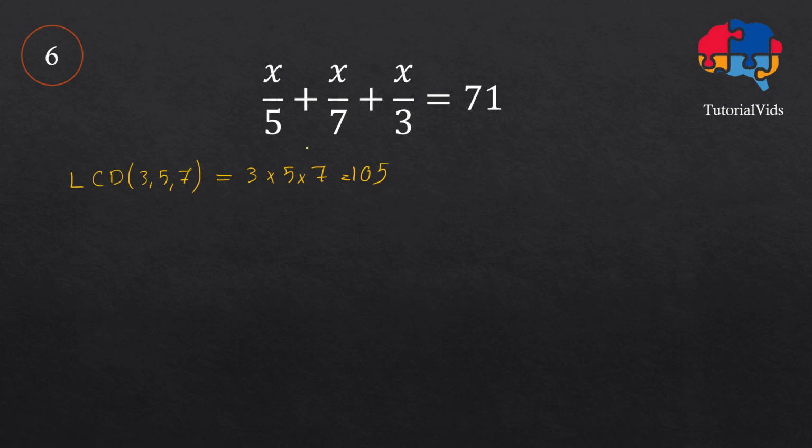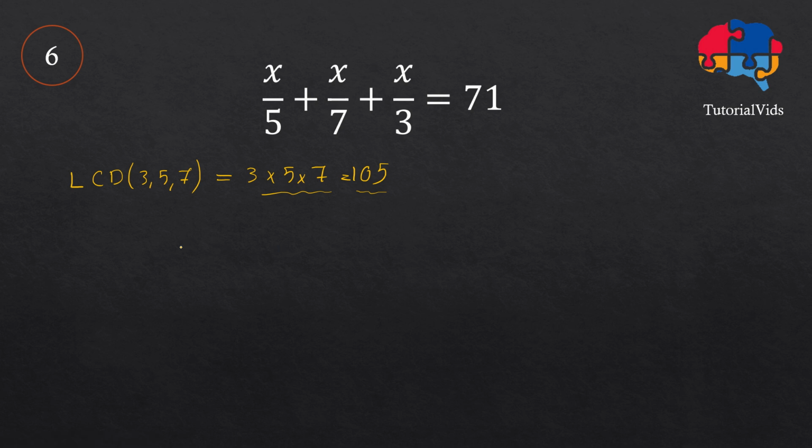All right. In the next step, I need to multiply this to each term on the left as well as each term on the right. But instead of this 105, I will use this. You'll see why I'm using this.